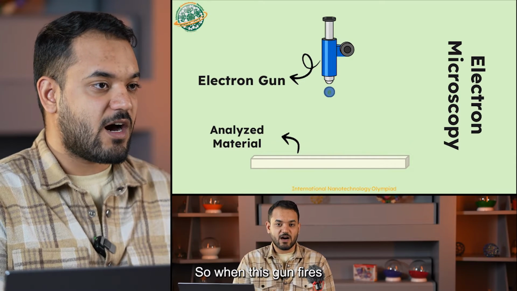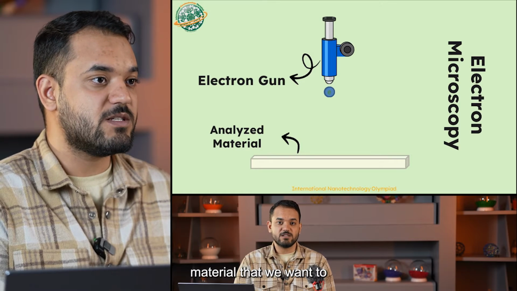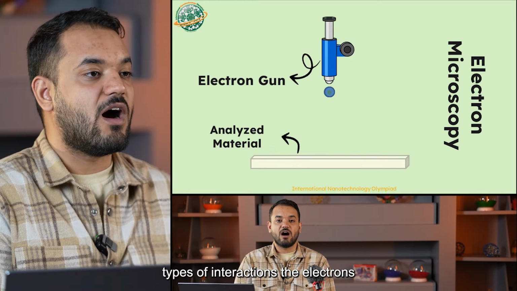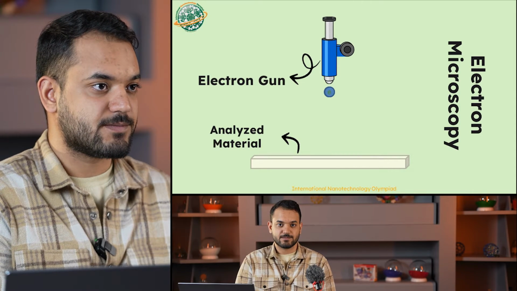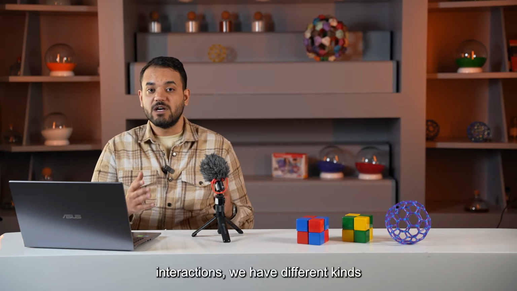When this gun fires the electron beams at the material that we want to study, the electrons can have different types of interactions with our material. Based on these different interactions, we have different kinds of microscopy.